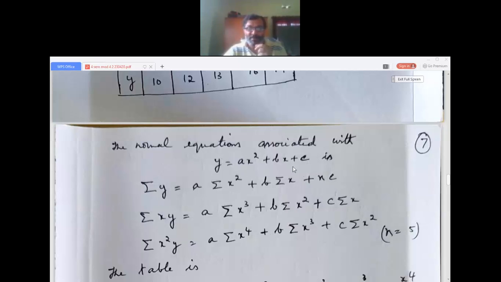Then multiply this by x. So it will be sigma xy equals a outside sigma x cubed plus b constant outside sigma x squared plus c sigma x. Again, I repeat, multiply this by x.